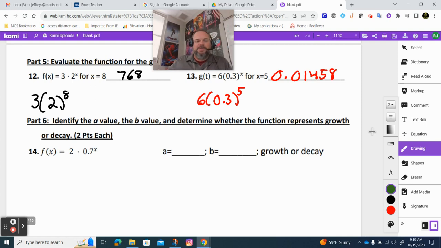All right. So we get 2 points for filling in this blank. We get 2 points for filling in this blank. We get 2 points for circling this.